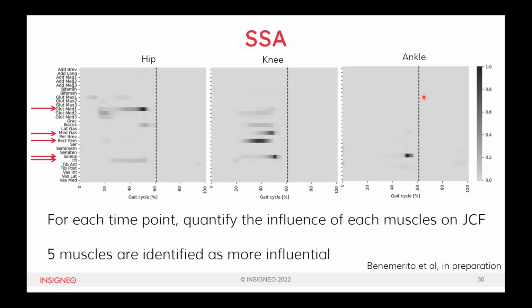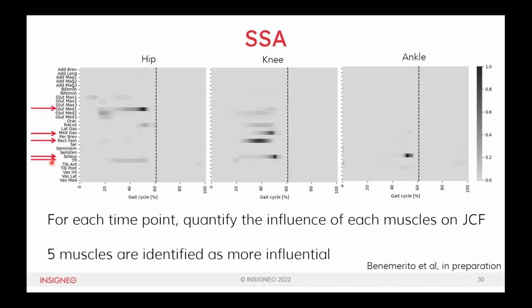And we used the emulator to generate, I think it was 500,000 virtual subjects to run the sensitivity analysis. You see the outcome here of the sensitivity analysis. For the 3 joints, you have here on the x-axis the gait cycle, and on the y-axis the muscles of the leg.